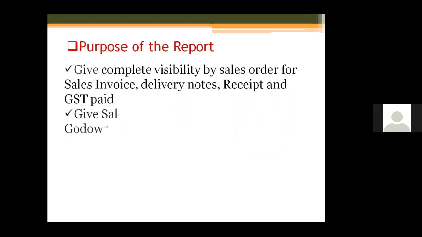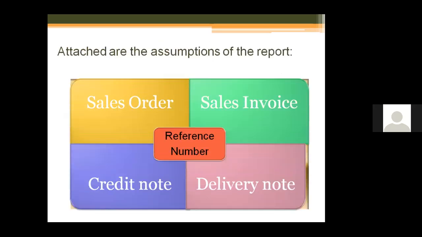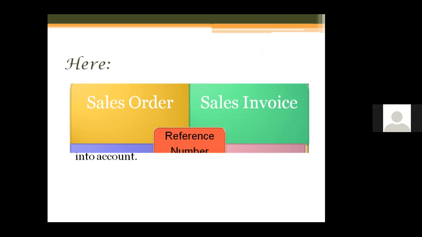The purpose of the report is that it gives complete visibility by sales order for the sales invoice, delivery note, receipt, and the GST paid. And it gives the sales order pendency details by the godown. The assumptions of the report are that sales order, sales invoice, credit note, and delivery note are linked up with the same reference number.